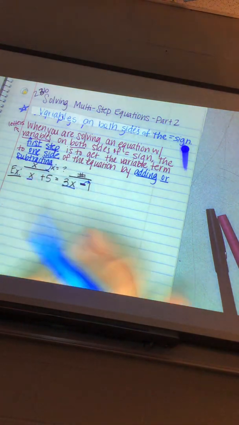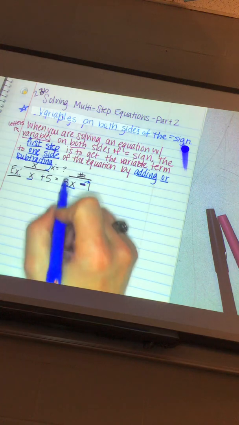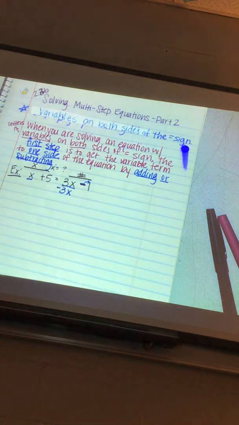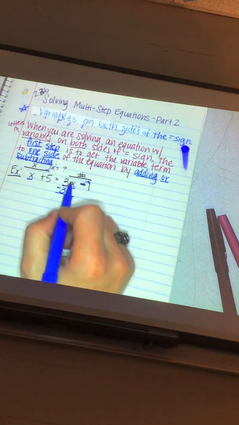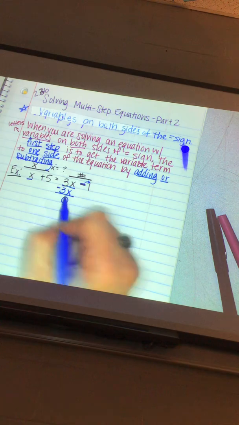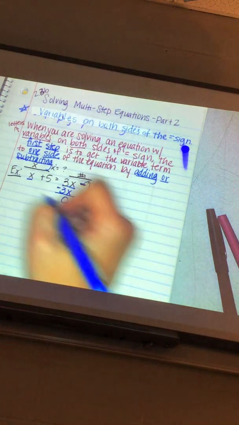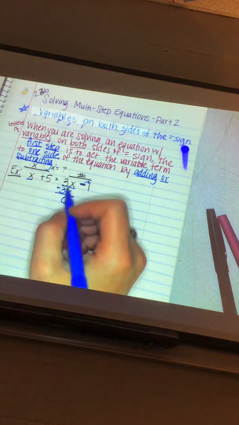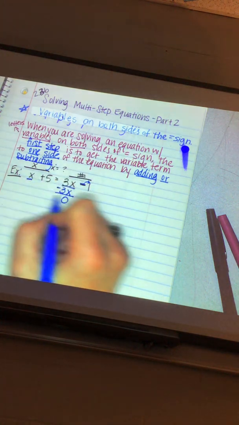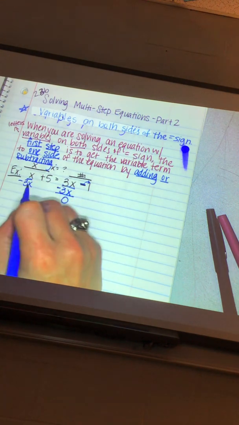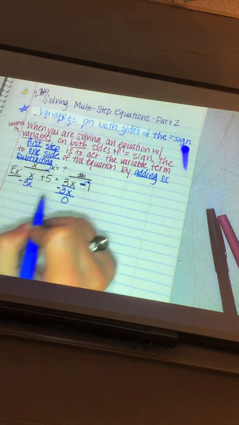If I have a positive 3x, I'm simply going to subtract it from this side. Is 3x minus 3x 0? Yes, that's what we want, because that means we have released it from this side, and now it can move over here. So we're going to subtract it over here as well, because whatever you do here, you have to do here as well.